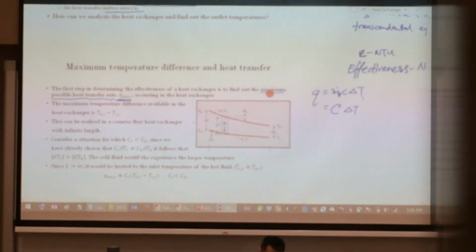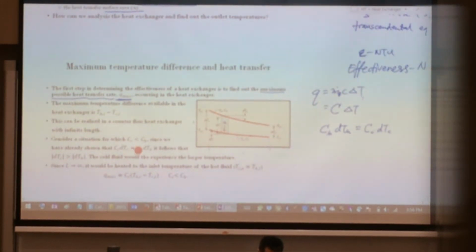So if I equate that energy, that means my capital CH, my heat capacity rate for the hot fluid, times dTH must be equal to capital letter C times dTc. So they must be equated together, right? They must be the same. Whatever heat that's transferred from the hot must be whatever heat that the cold is getting.